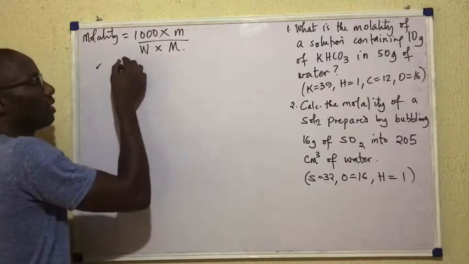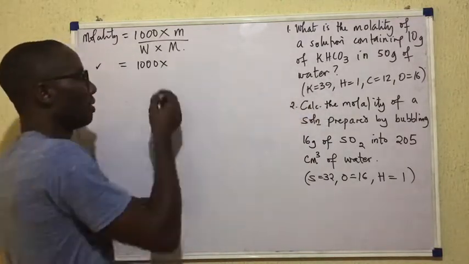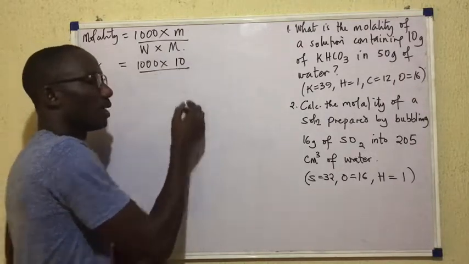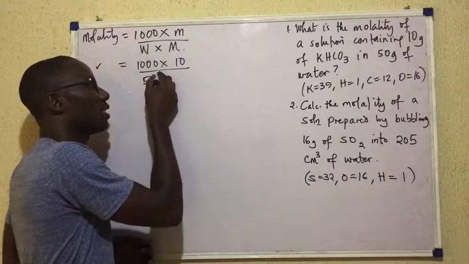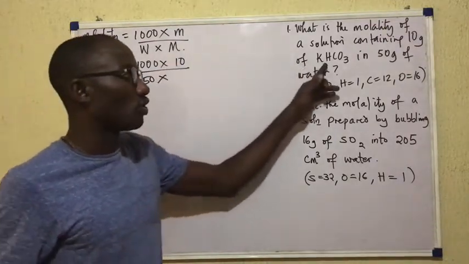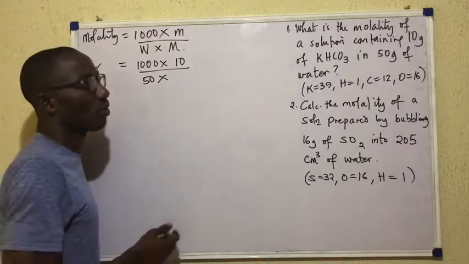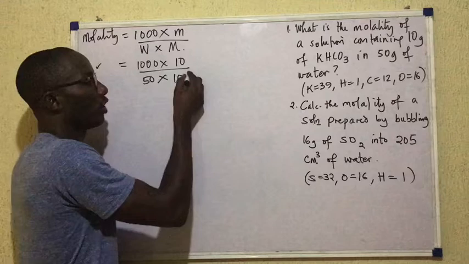So that the molality becomes 1000 times the mass of solute, there is 10, the mass of solvent KHCO3 is 50, and then the molar mass of the solute KHCO3, if you calculate it from those values given, you'll get 100.